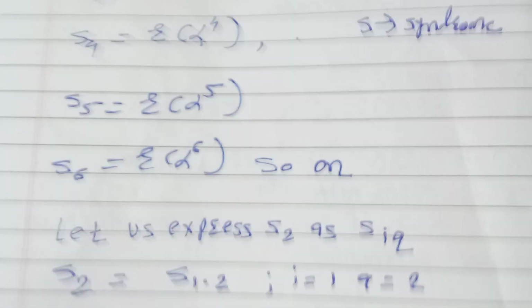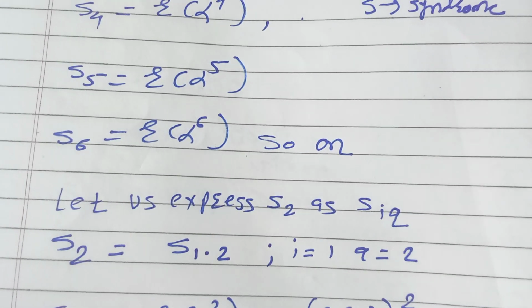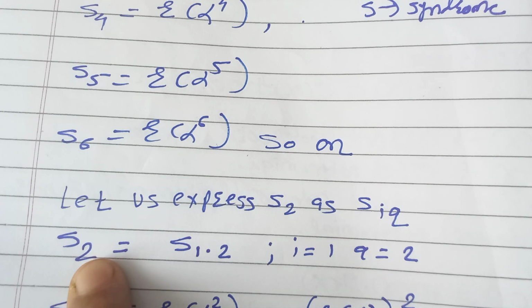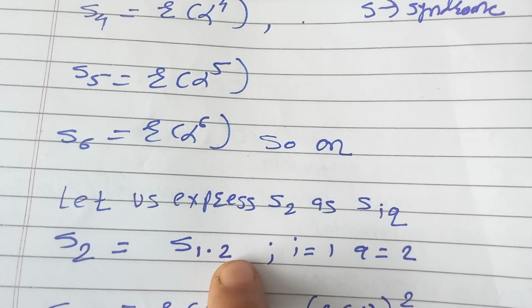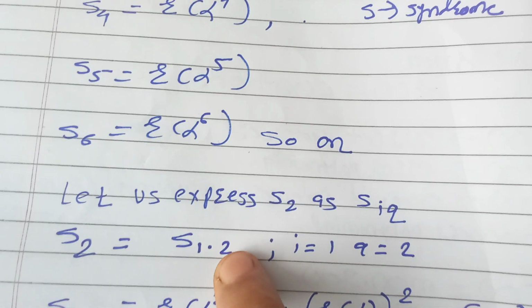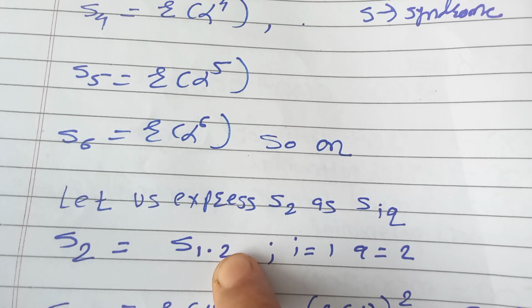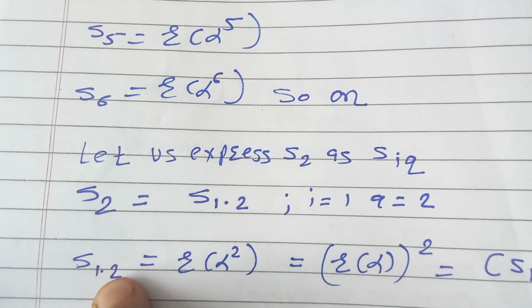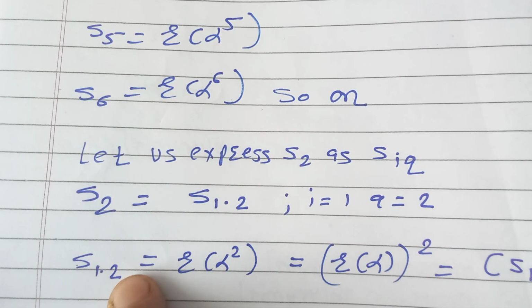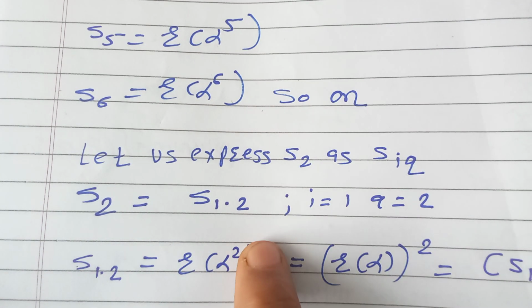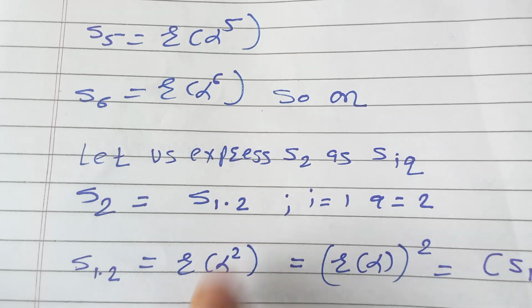So let us express S2. You can write S2 as S_(1 into 2), that is S_iq, where i is 1 and q is 2. So S_(1 into 2), that is S2, is nothing but r(alpha square).